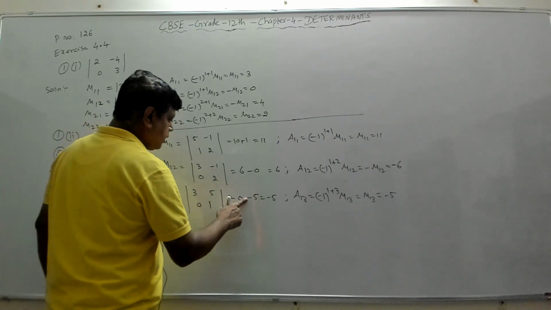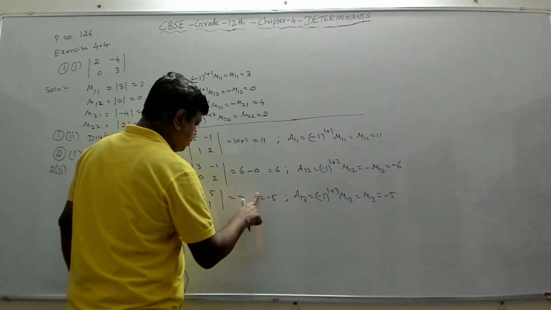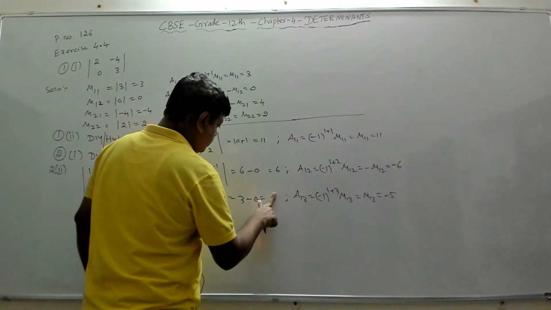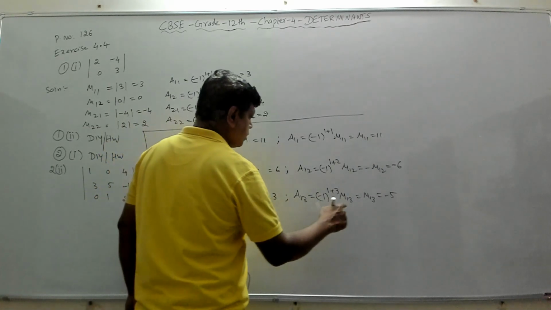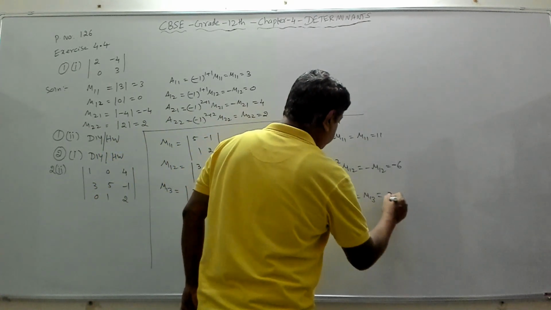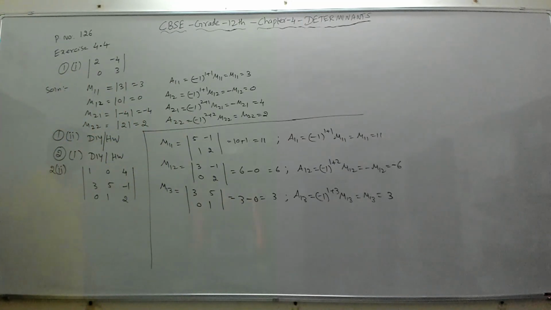So 3 1s are 3 and this is 0. You'll get 3. So this will become 3. Right? So 11 6, 11 6 and 3 is the minor, and the cofactor is 11 minus 6 and 3.